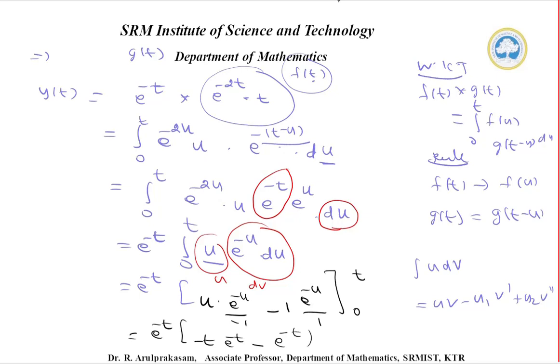Upper limit minus lower limit: at 0, e to the power 0 is 1, plus 1. So I can simplify the equation. I am getting the answer e to the power minus t, minus t minus 1 plus t into e to the power minus 2t.